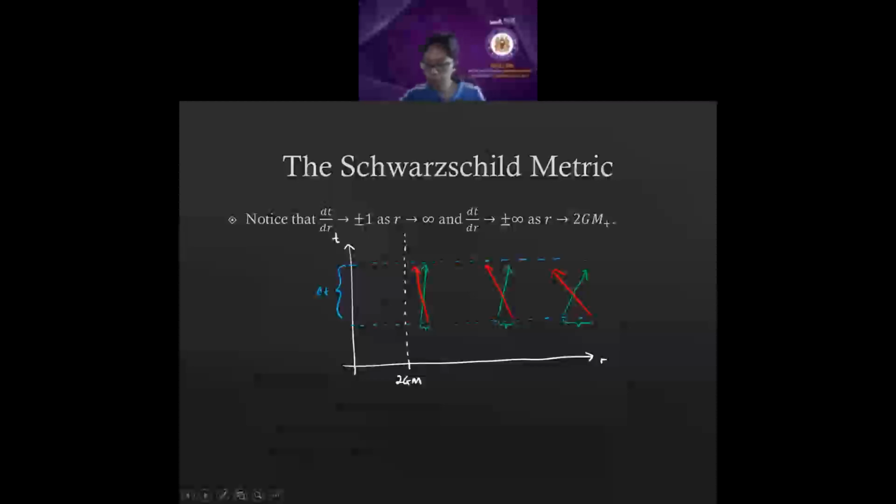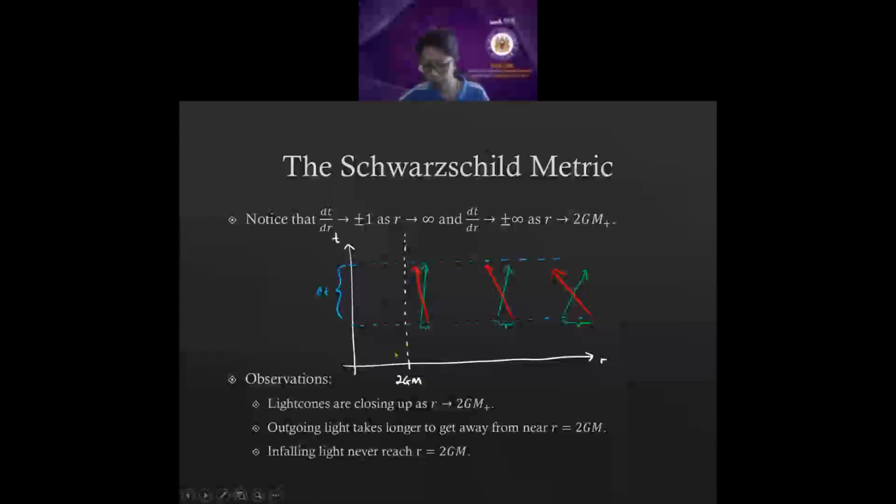All right. So some observations that you can see from here. The light cones are closing up as r approaches this special point.